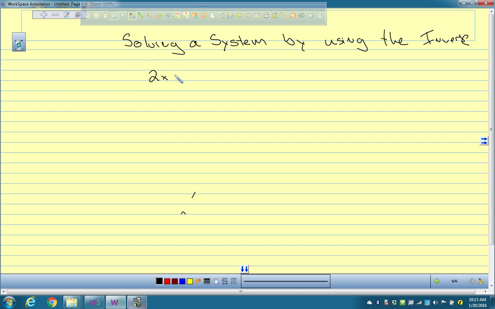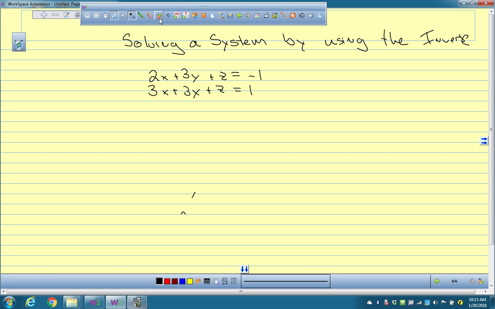So say I have this system of equations. 2x plus 3y plus z equals -1. And the next equation is 3x plus 3y plus z equals 1. Make sure you can tell that's a y and not an x. Okay?